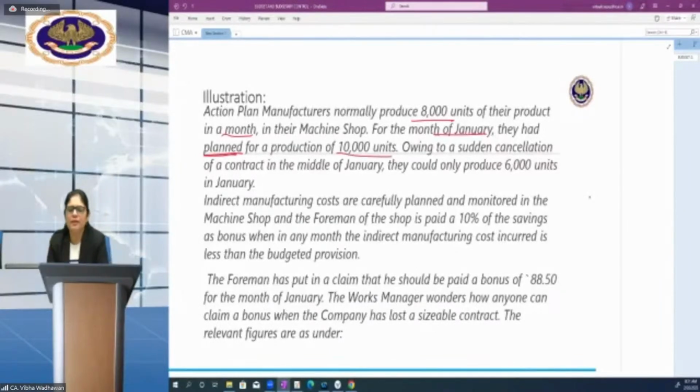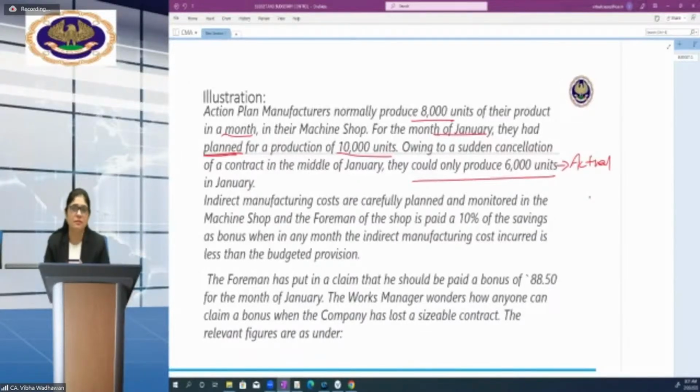So normally, which is already happening, the current normal production is 8,000. They planned for January 10,000. Owing to a sudden cancellation of a contract in the middle of January, they could only produce 6,000. So 6,000 is the actual production they could make. Clear? So 8,000 was normal. The planned was 10,000, so they must have made a budget for 10,000.